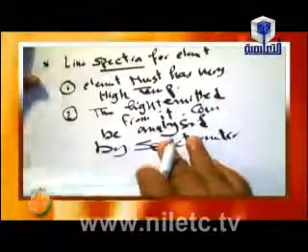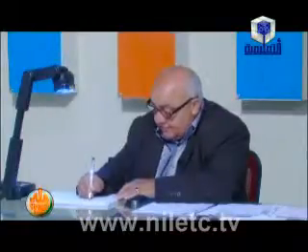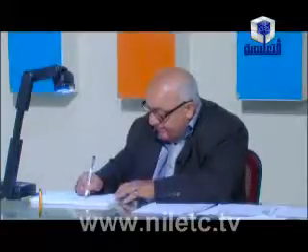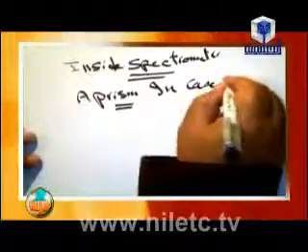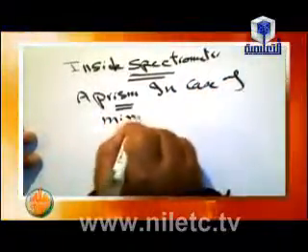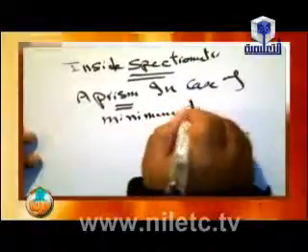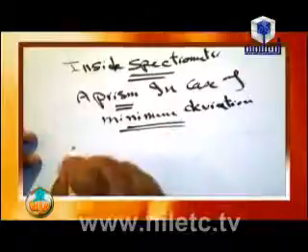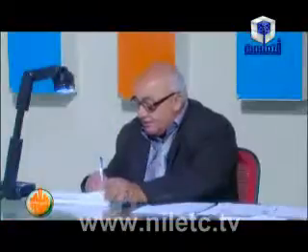And inside the spectrometer is a prism, a very important point, in case of minimum deviation, in order to analyze the light. This is the condition to obtain line spectra of any element.